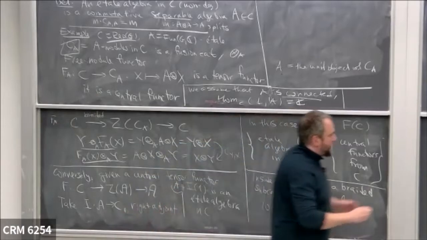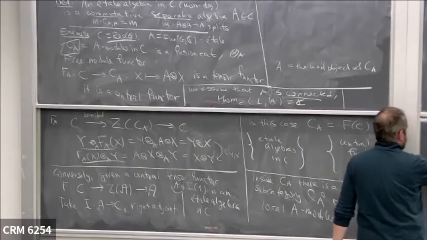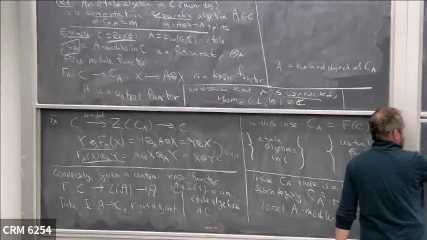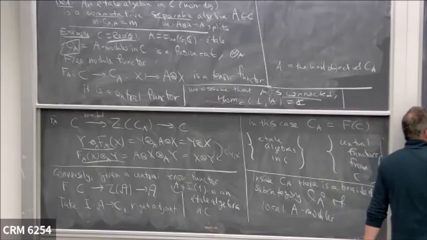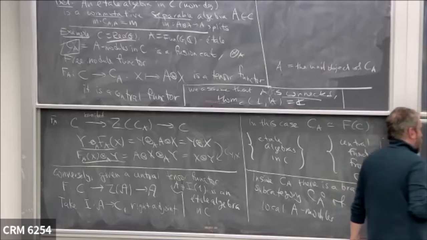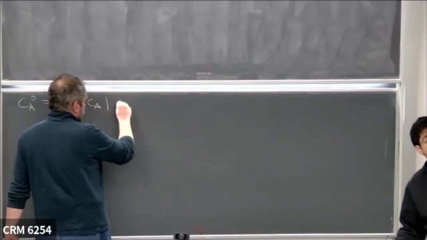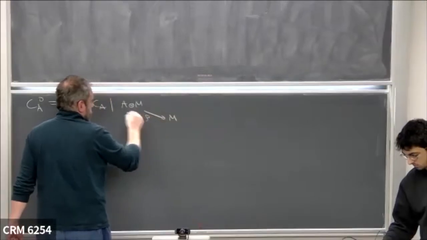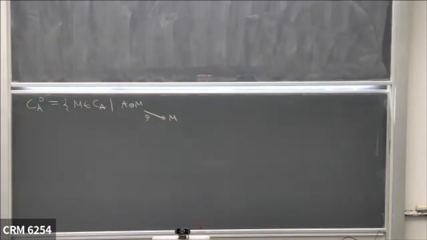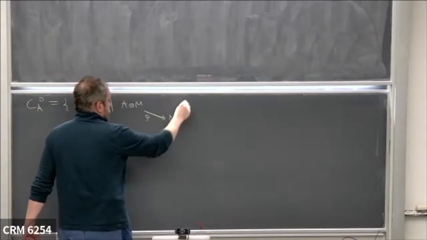So let me define what these are. This category CA0 consists of all models over A satisfying the following condition. Suppose we denote the module action by rho. Then this rho is invariant with respect to the squared braid.